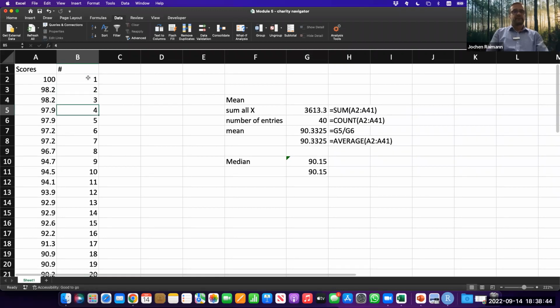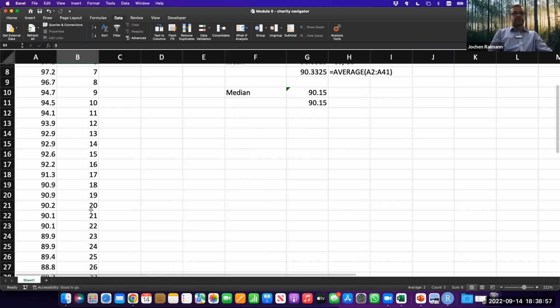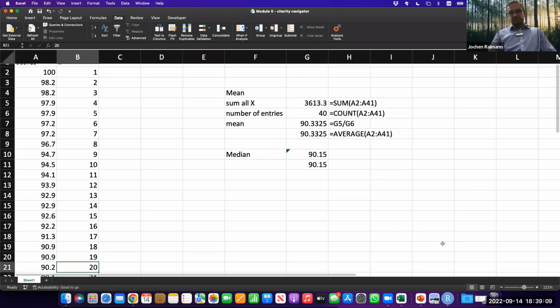Then you select 1, 2, 3, and you double click the right lower corner of the selected area. So now you find the actual numbering of each individual entry, and then it's a little easier. So you need the first 20 entries and you need 21 to 40. Okay, so this is the median.